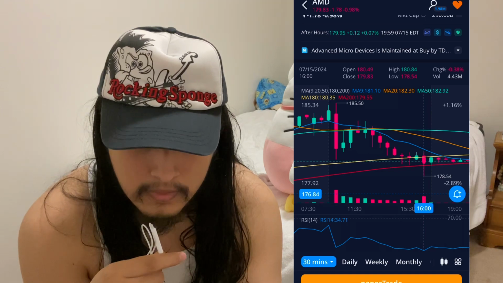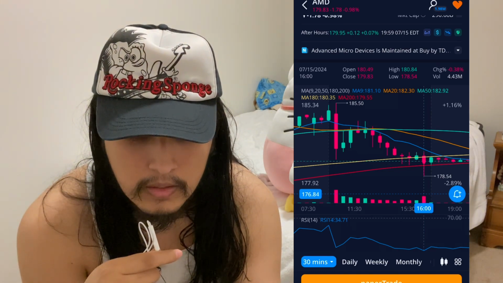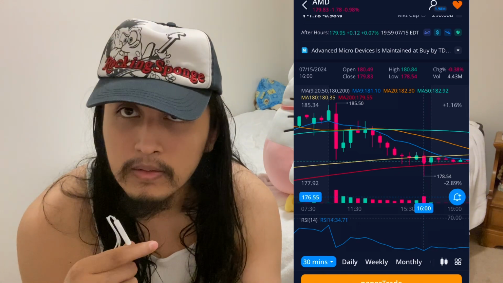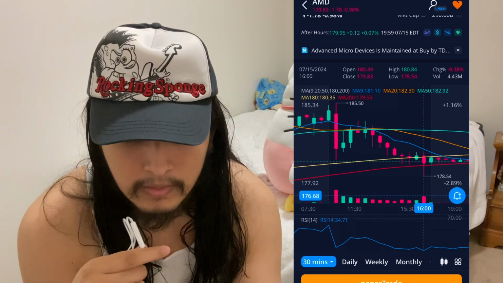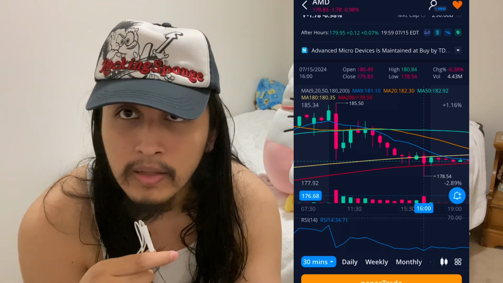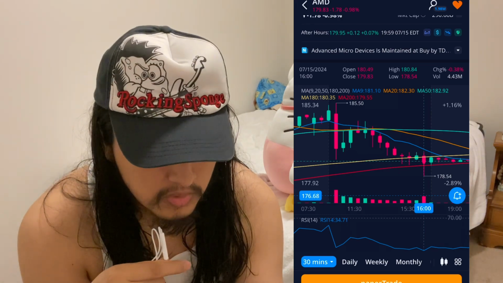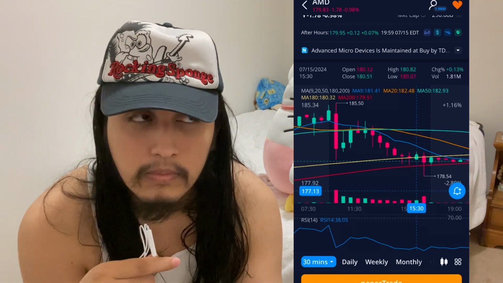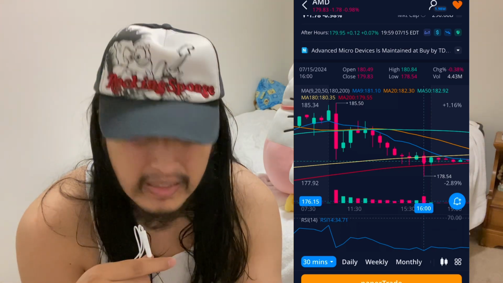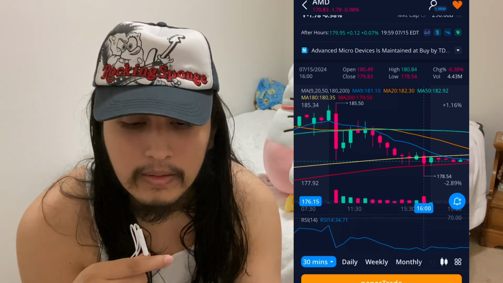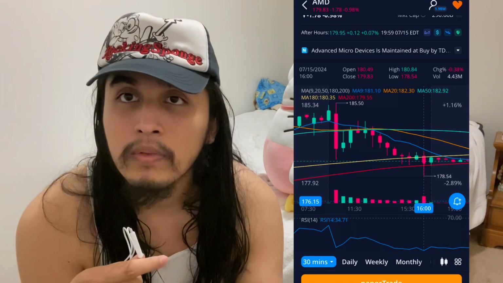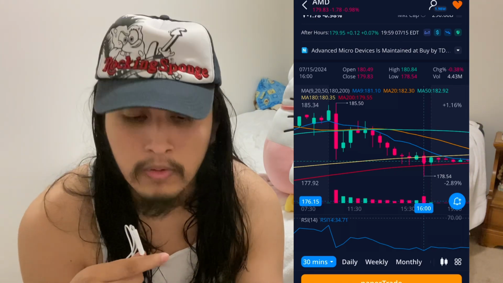as soon as I saw that AMD had touched the 200-day moving average, I was like, okay, this is a great support. You can see that little long wick, and usually when that long wick shows up, it means that people don't want to give up the 200-day moving average as support.